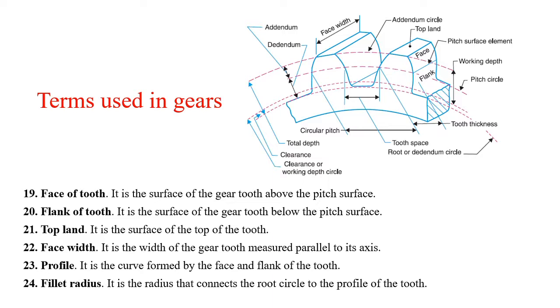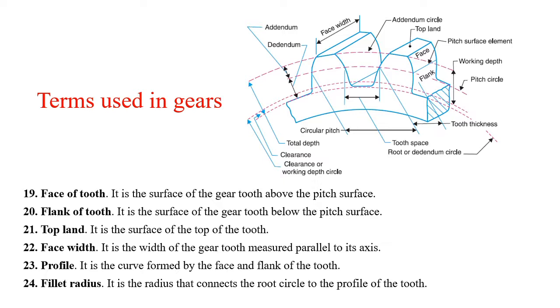If there is no clearance, then there will be jamming of the teeth due to thermal expansion or some errors while manufacturing. So we are providing some amount of backlash.